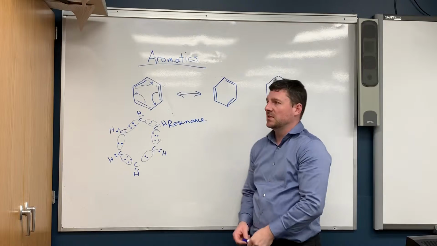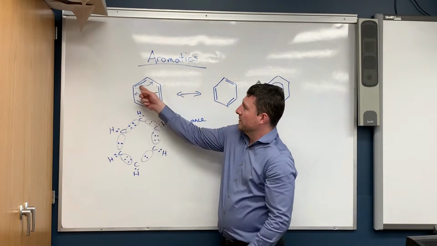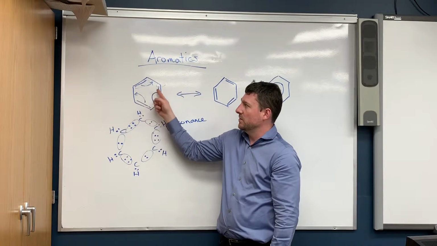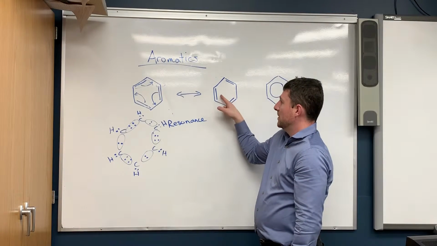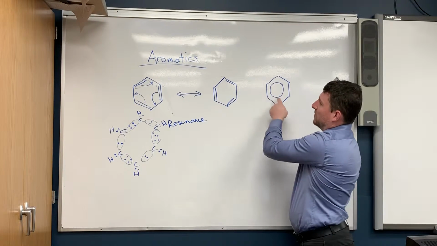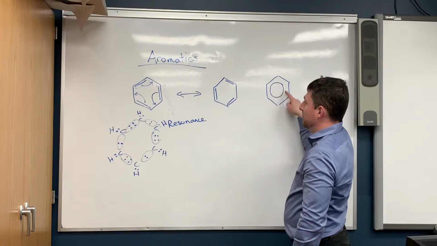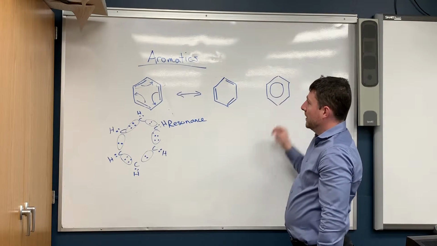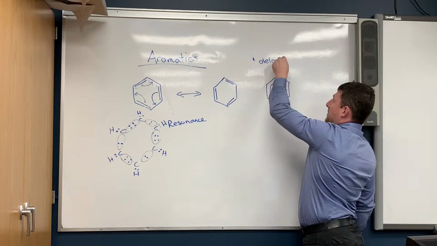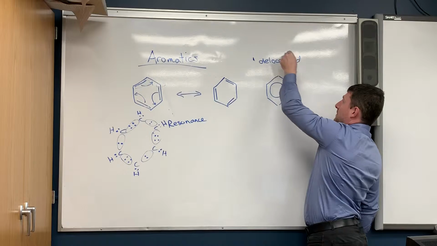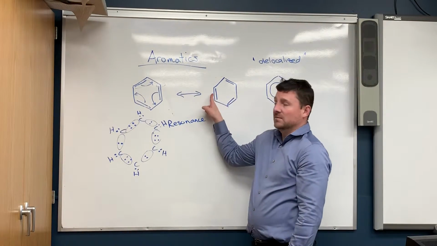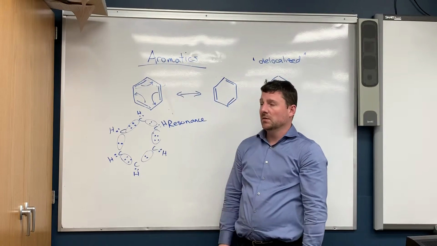The ring is supposed to signify that the 3 double bonds, each of which consists of 2 electrons, so that's 6 electrons in total, are actually able to move amongst all 6 bonding positions around the ring, and that they're, quote, delocalized around the ring. Localized would mean that they have to stay at one bond location.